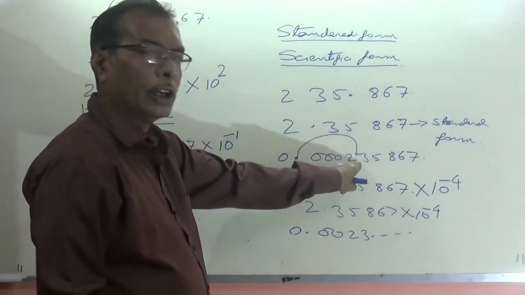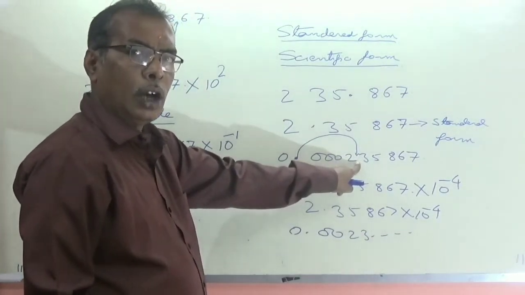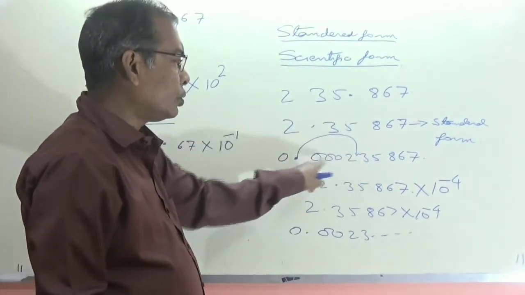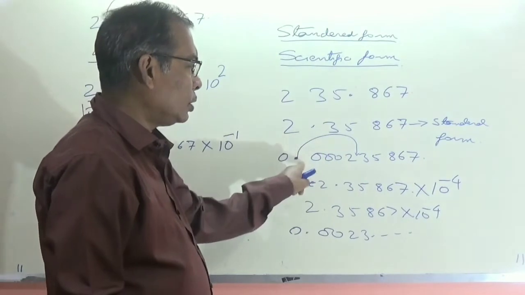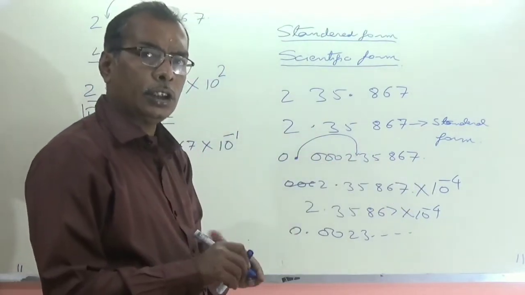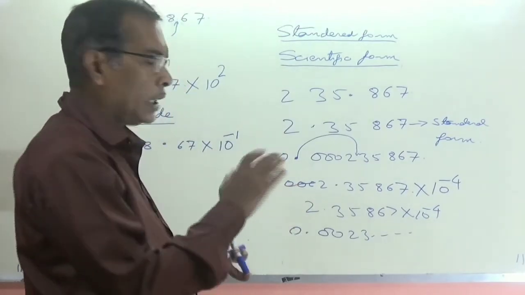You have to shift here only. 0 has no value in the integer part. That's why this decimal should shift from here to here by 4 digits. So into 10 to the power minus 4. This is the only procedure to change a number into standard or scientific form.